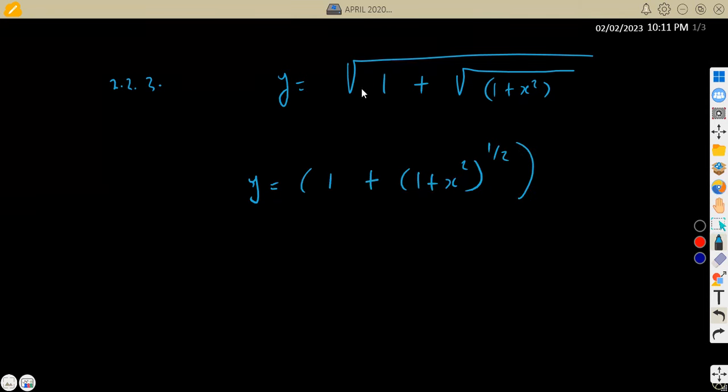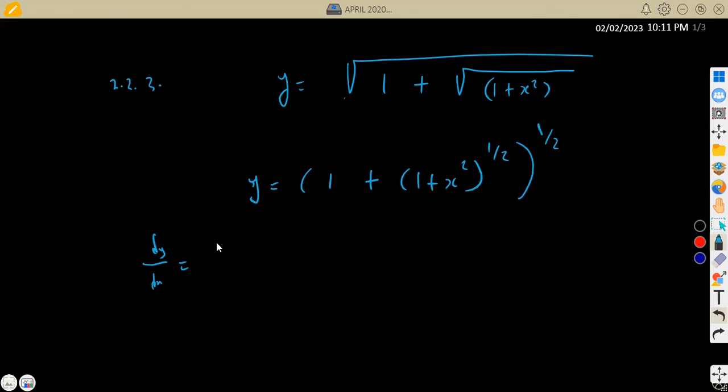But everything is affected by this outer square root, which is outside of everything, to the exponent of a half. So we find the derivative dealing with the half exponent which is outside the bracket.